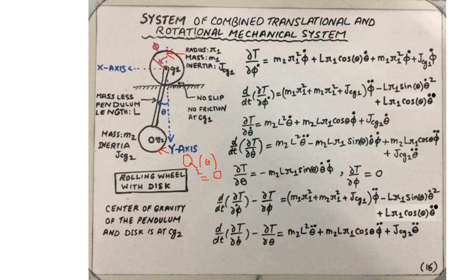So Q1 of theta is equal to 0. And here again, in the problem, there is no loading that is explicitly given. So we can just say Q2, which is now a function of this angular displacement phi, is not given, so that is just equal to 0.